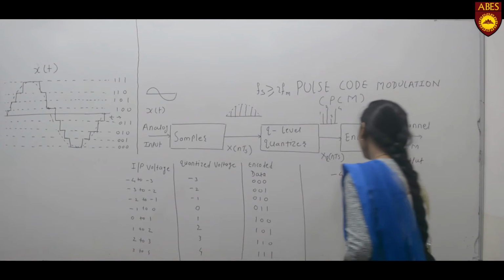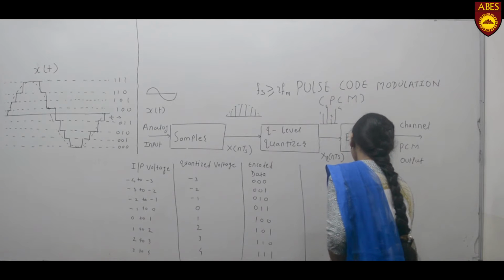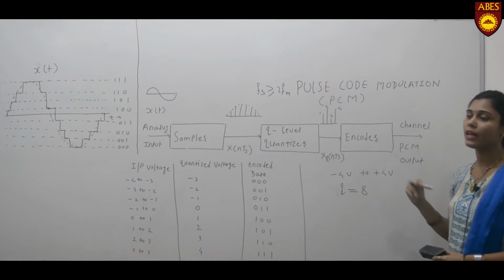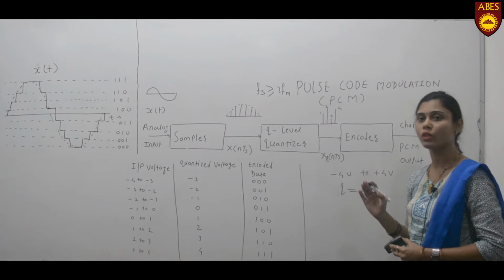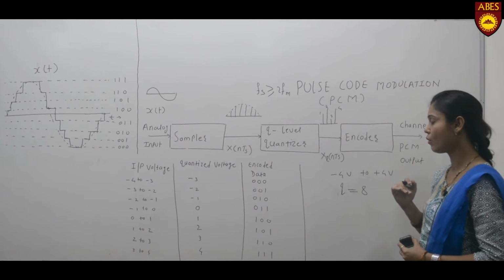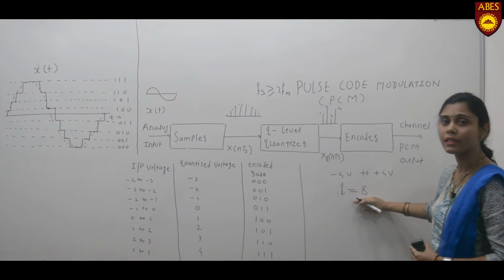I can choose the number of quantization levels for this example as 8. So we have the quantization levels Q0, Q1, Q2, Q3 up to Q7, and all the voltages are going to be defined in these levels.